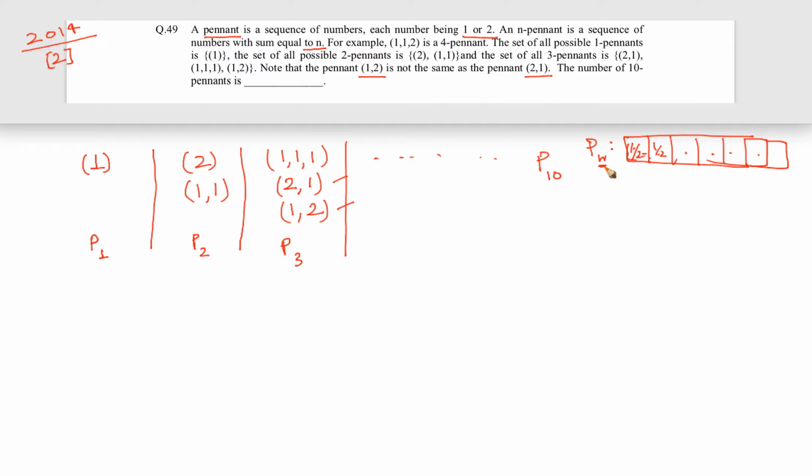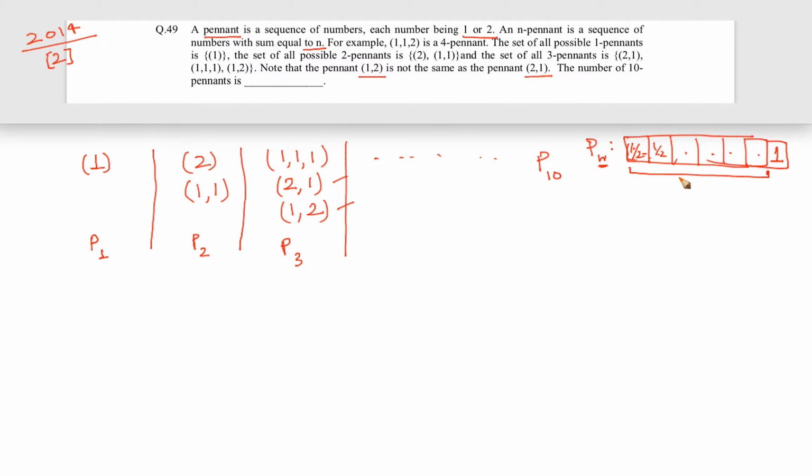If we are talking about n pennant, then the last number, in fact any of the numbers, can be 1 or 2, right? But we will analyze from the last number. Let's say this last number is 1, it can be 2 also, but let's say it is 1, that is case 1. When it is 1, then what can you say about the rest of the thing?